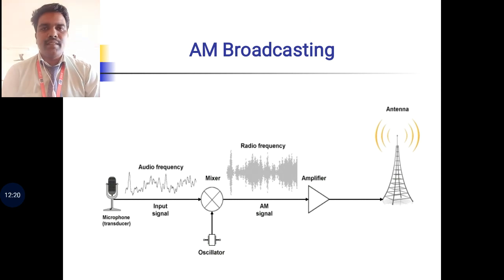Here the microphone's audio frequencies are given to the first input of the mixer, and the second input is the oscillator. The oscillator output is the carrier signal, which is the second input to the mixer. The output of the mixer is the radio frequency AM signal. After amplification, it is transmitted through the antenna.